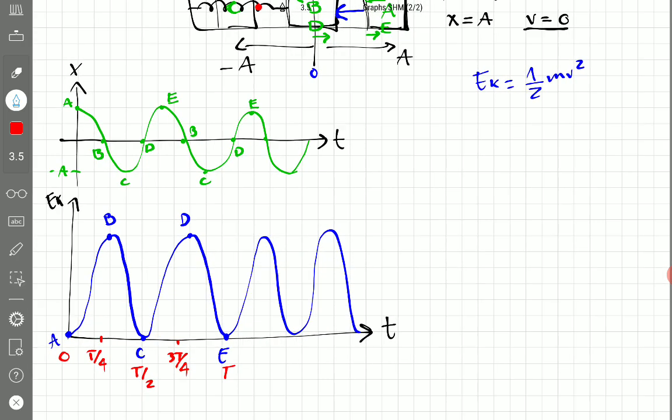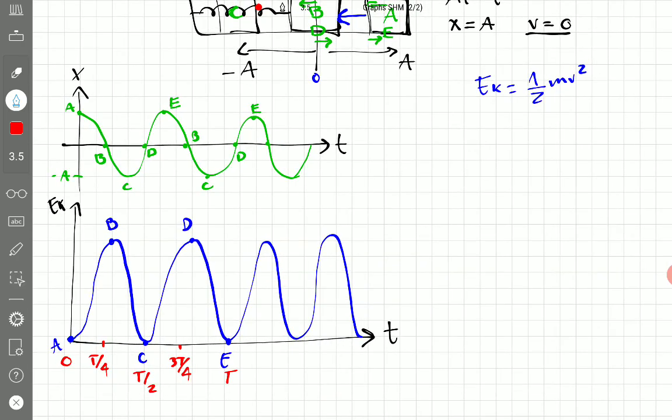Now if you compare that to the graph of displacement versus time, we know that this will be T, right? And this will be T over 2, and so on. So in one period, this completes this full cycle of displacement, right? Now, look at what happens in one period of energy. In one period of energy, it goes from 0 to a maximum back to 0.